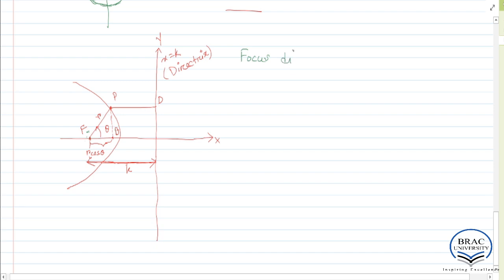So let us write down our focus directrix equation, which says that PF equals E into PD. That means the ratio of PF to PD is a constant which we call the eccentricity of the conic section.